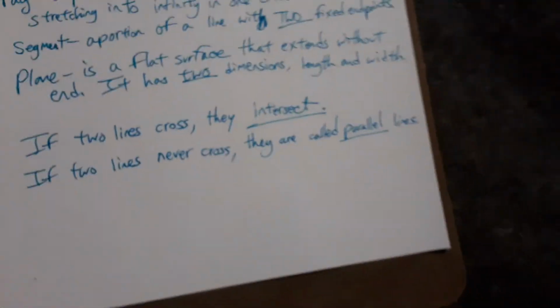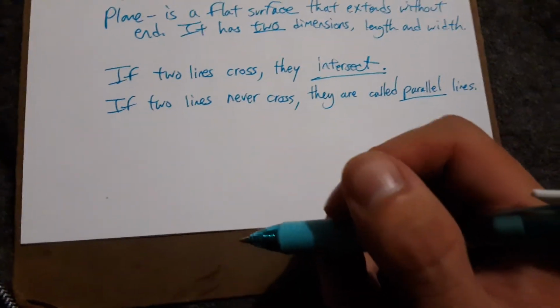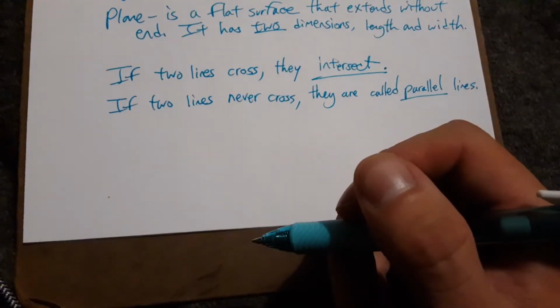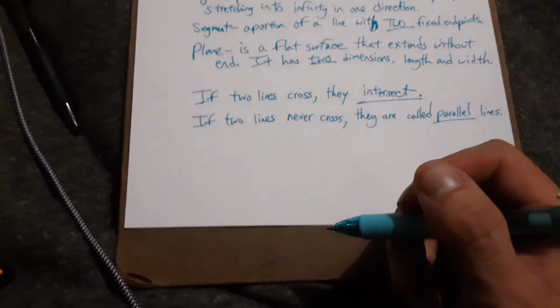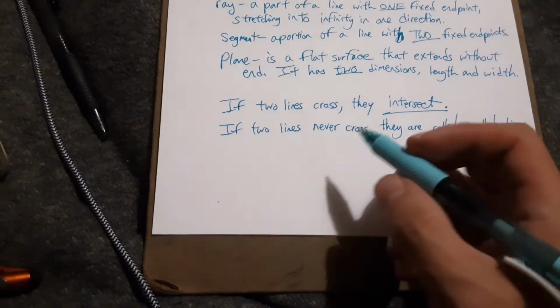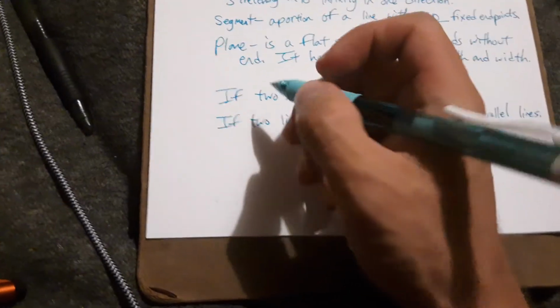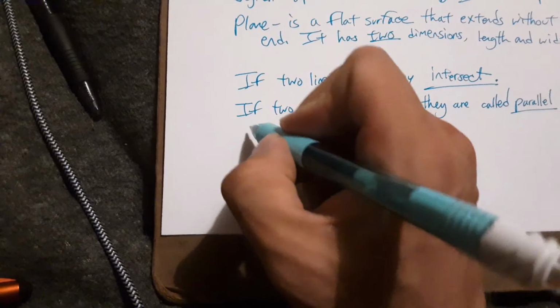Okay. Perpendicular lines form a 90-degree angle on all corners whenever they cross.